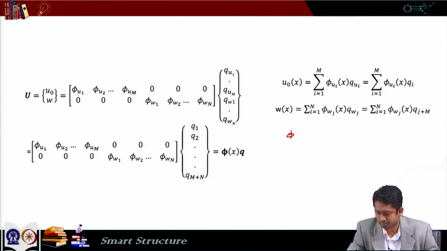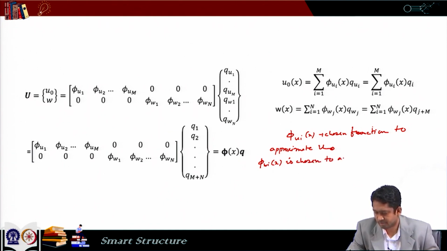So, phi u I is a chosen function to approximate u 0, and similarly phi w I is chosen to approximate w.